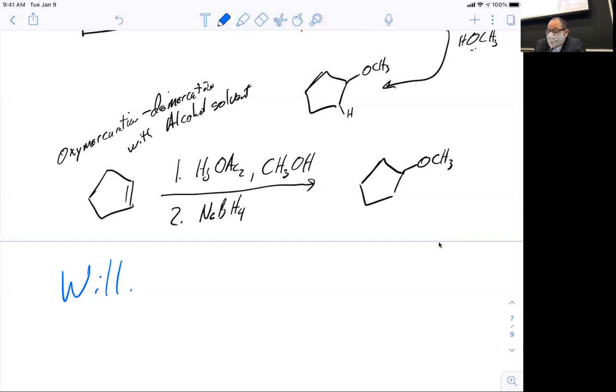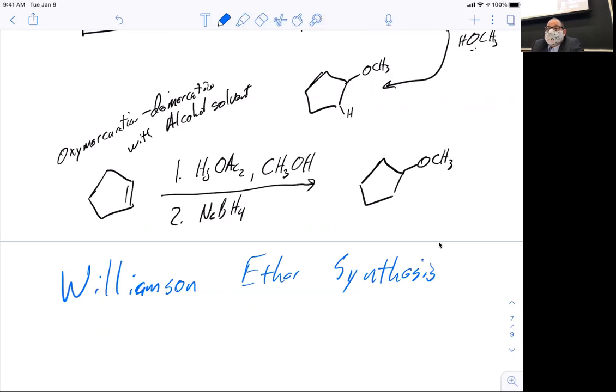The main way to make ethers is the Williamson ether synthesis. And I'm going to tell you the same thing that I've told many groups of students before.